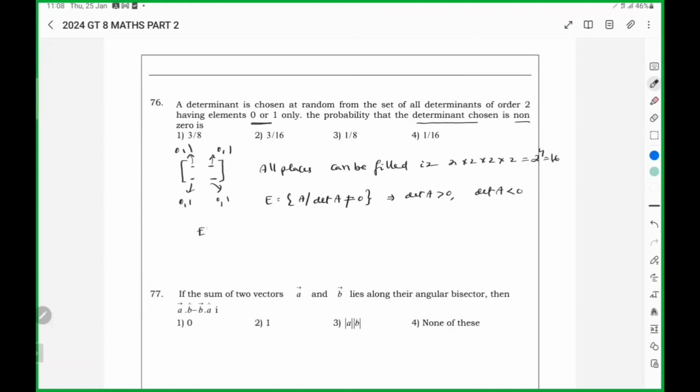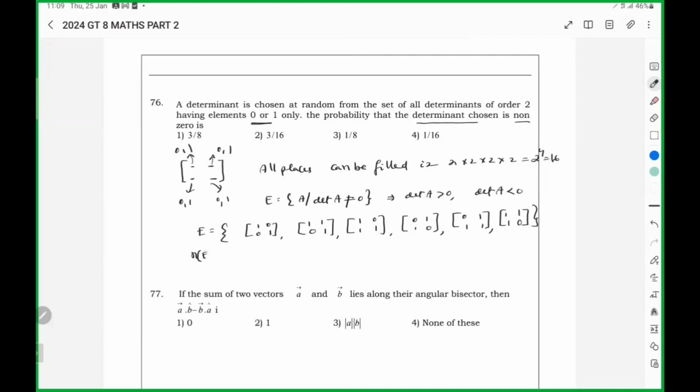Let us choose elements: here 1, here 1, here 1, so like this.